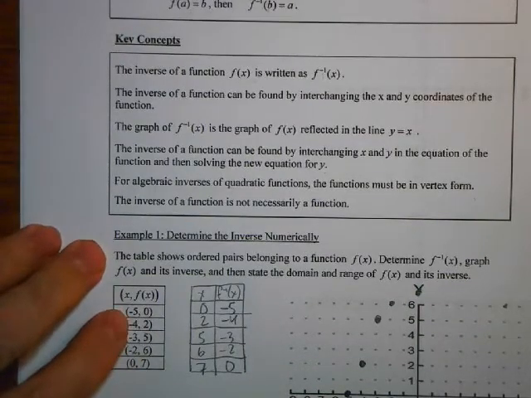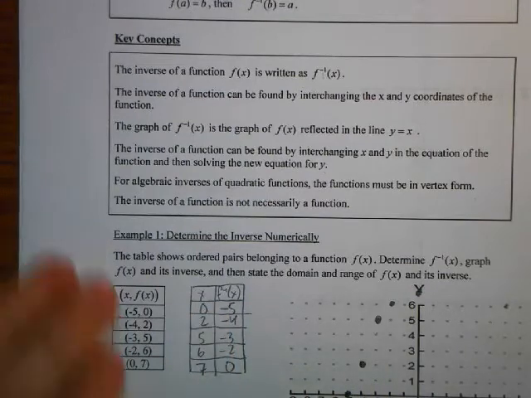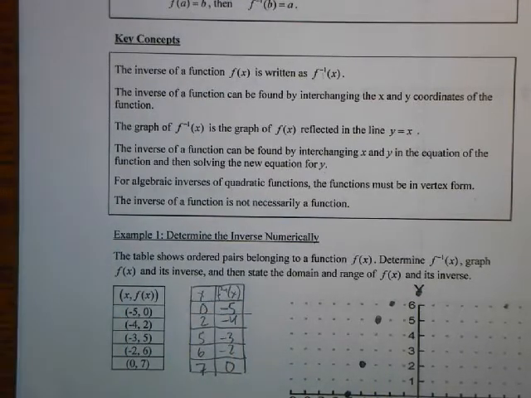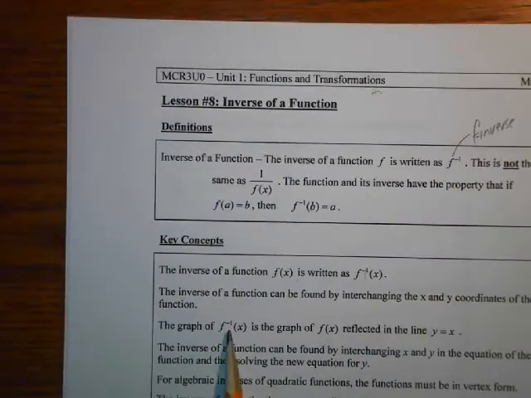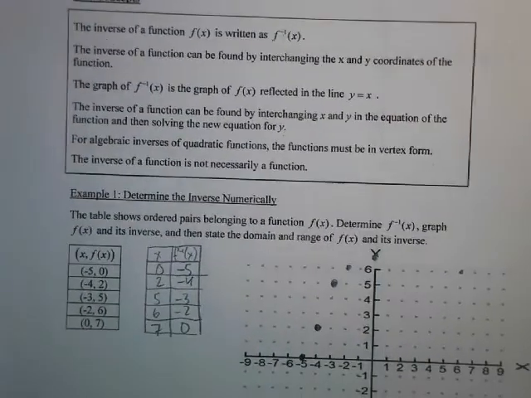Okay. Now the interesting characteristic before I actually draw these points is that the graph of f inverse of x is the graph of f of x reflected in the line y equals x. So this is kind of a different reflection than we're used to with transformations.